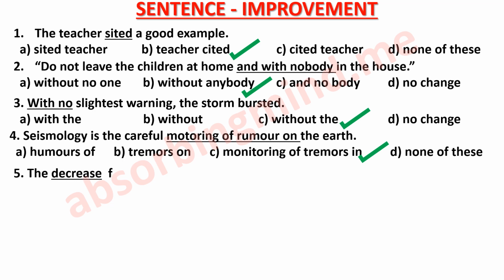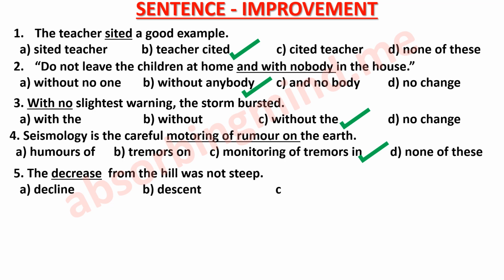The next is, the decrease from the hill was not steep. Now decrease, we can just get an estimate that the person is coming downside, but that is not the proper word. The proper word is descent. When somebody is coming down, the descent from the hill was not steep.